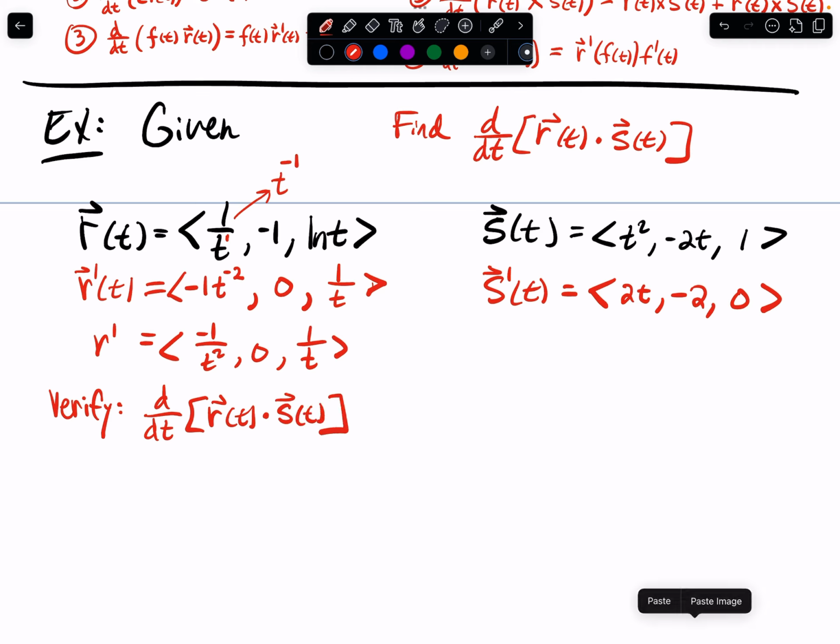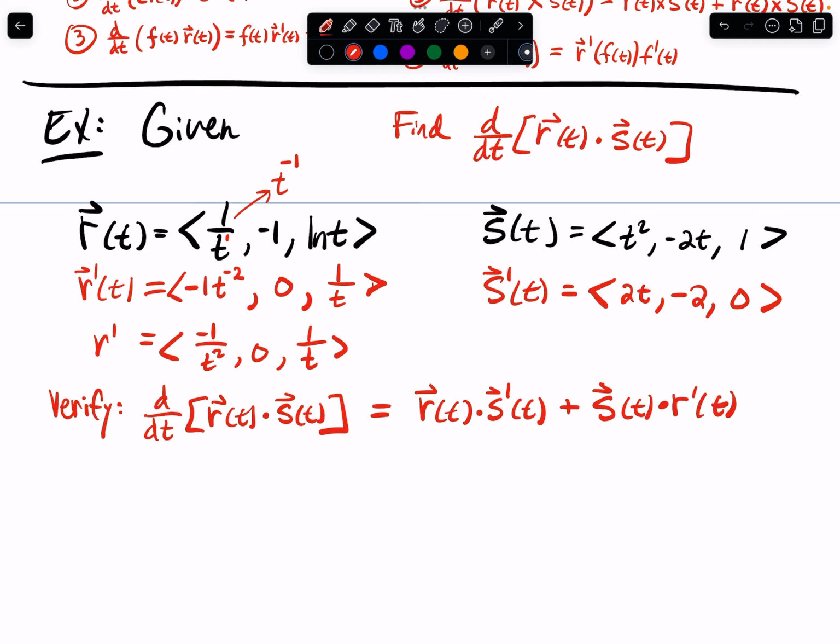And then it also wants you to calculate the formula, which is what? The first dotted with the derivative of the second plus the second dotted with the derivative of the first. Okay?